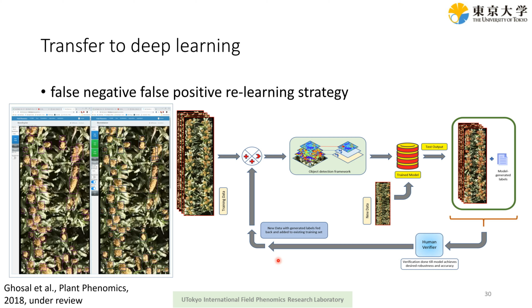So we proposed a semi-automatic way to solve this problem, which we call a false negative and false positive relearning strategy. So basically, we started to build this web tool, which is available for image annotation, and we do not do a lot of the annotation.